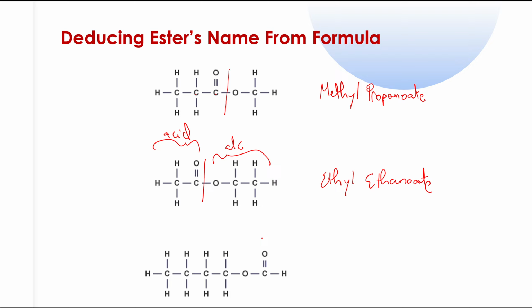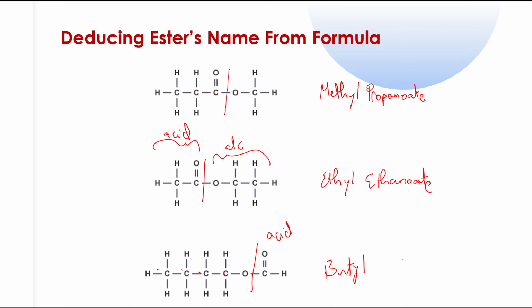Let us come here. Split in the middle of the ester functional group. Wait a minute. The acid part here is on the right, not on the left. It doesn't make a difference. I can write the formula like this, or I can write it like this. The order in the displayed formula does not make a difference. The order in the name makes a difference. And the alcohol part must come first, so it is butyl.